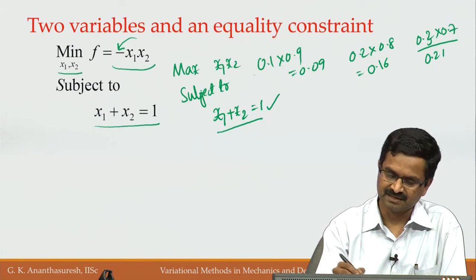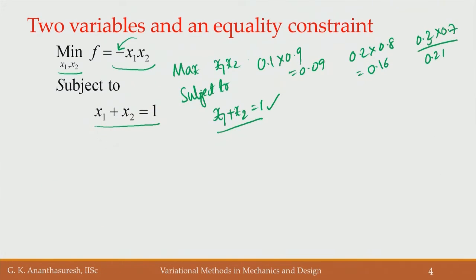You see this is increasing. First 0 and 1 was 0, then slightly more, slightly more, slightly more, and then you do 0.4, 0.6, that is equal to 0.24, larger, and then finally we have 0.5, 0.5, that takes us to 0.25, and then we will come back to this.